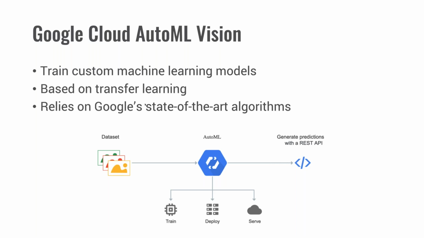Now, how do you create models and how do you run them at the edge? Well, there are two techniques that Google recommends. One is a no-code approach using the Cloud AutoML Vision platform. And again, I had a session on this last month. If you're not familiar with Cloud AutoML Vision APIs and the platform, watch that video.